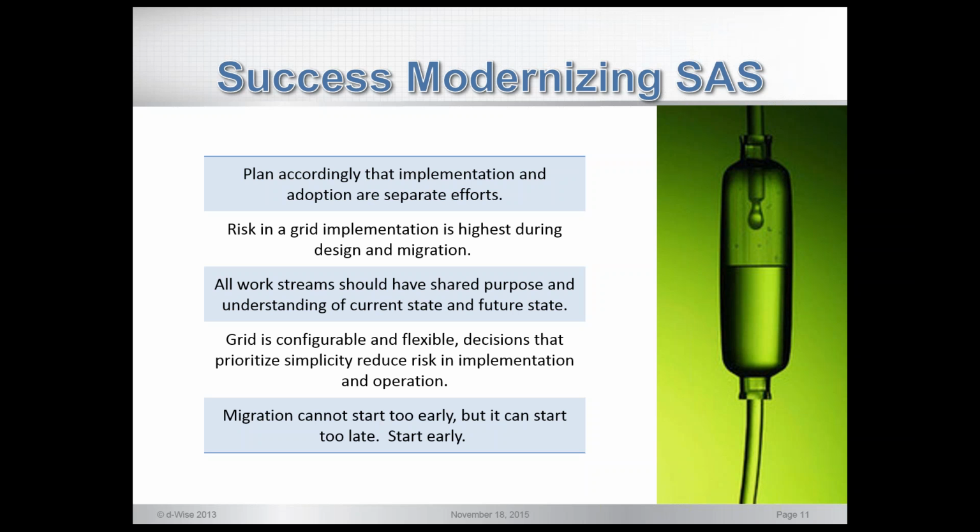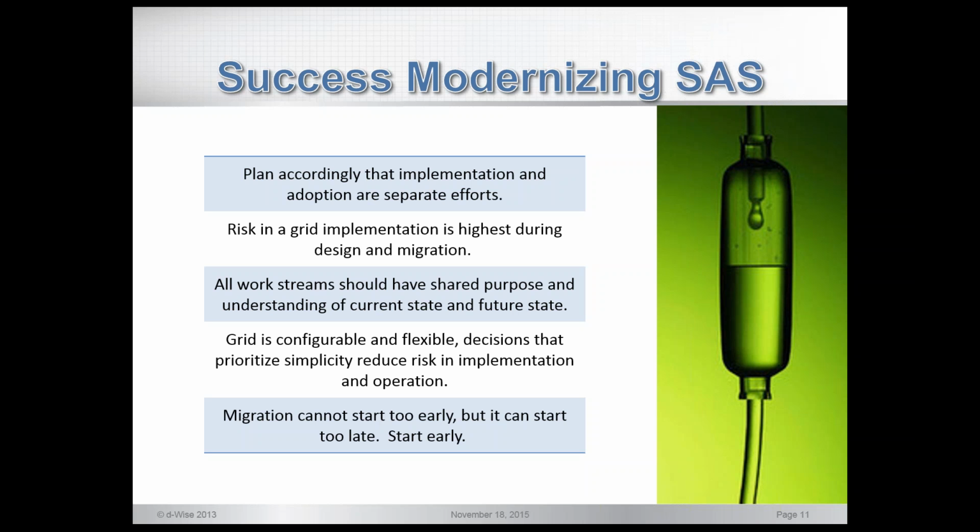But in order to get the licensing efficiencies, you want to minimize that and you want to get through the migration as quickly as possible. You don't have to wait until the build is done to start thinking about how am I going to move my files and what changes might I need to make to my code. You obviously need the implementation done in order to test those things, but you certainly don't need it done to start thinking about it, start planning for it, and even start doing some of it.